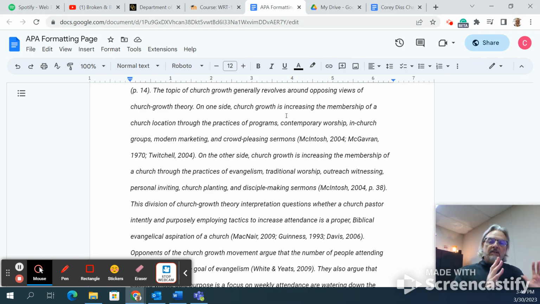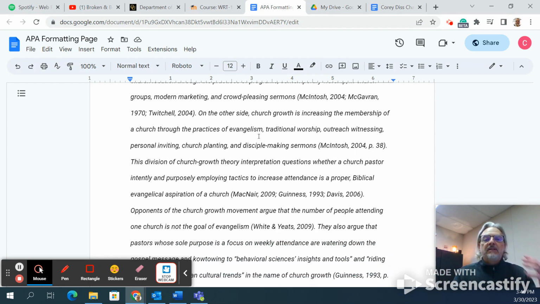So I've got church growth that is saying it is particularly because of these things. On the other side, it's saying it's about this other thing, right? And then there's also a division even within that to talk about whether or not it's even positive or not. So I had to talk about these results and kind of put them into these different camps, if you will, to help set that up.